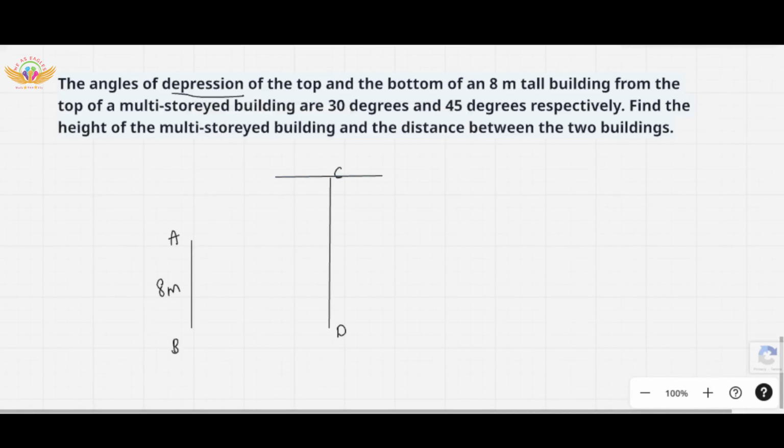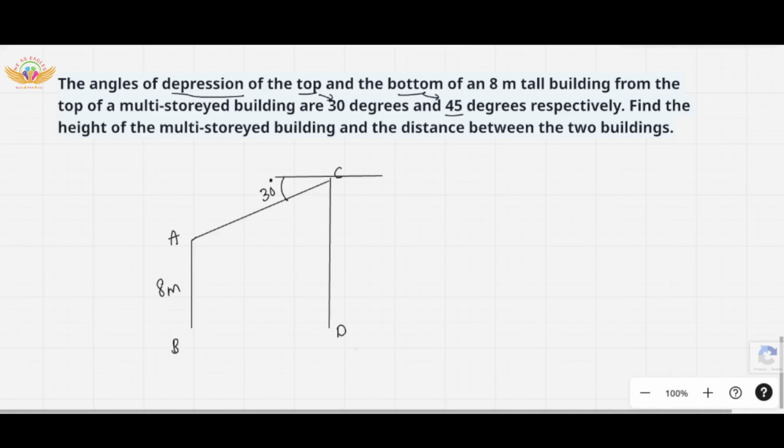From here the angle of depression to the top of the building is 30 degrees. And again, what is this 45 degrees? It is to the bottom. For the top it is 30 degrees, for the bottom it is 45 degrees.